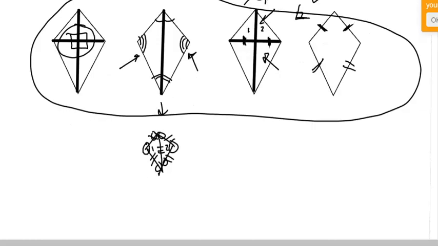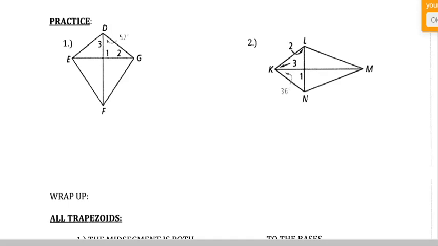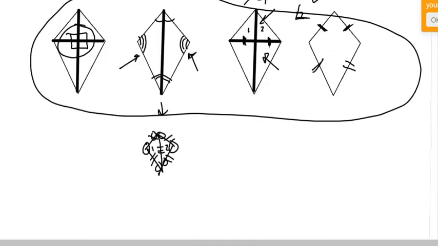Okay, let's take a look at this. All right, so this just has to do with kites and those angles. With the characteristics that we already had here, remember these things, okay? Especially this one, super important. So let's look at this.